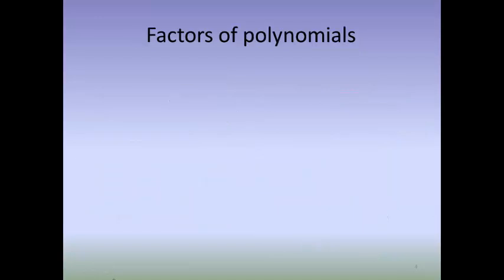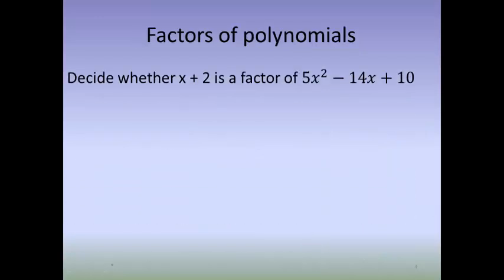Okay. All right, so factors of polynomials. We're going to decide if x plus 2 is a factor. So what we're going to look for is f of -2 equal to 0. That's the question. In other words, is the remainder equal to 0?